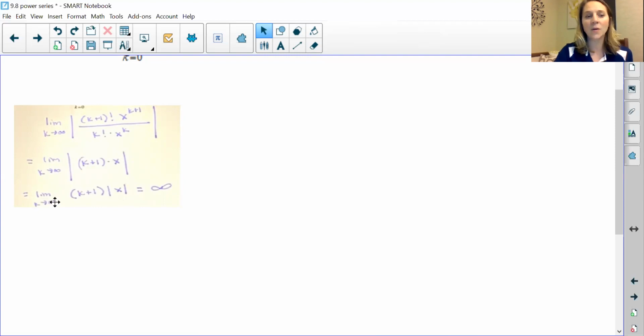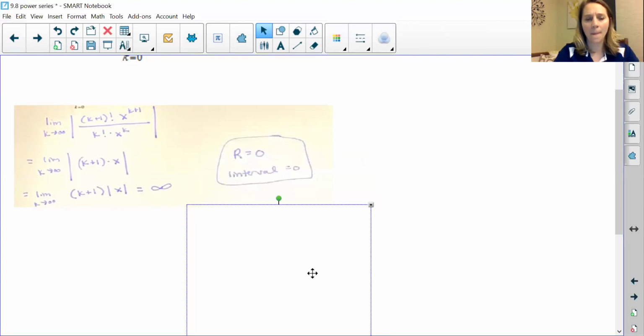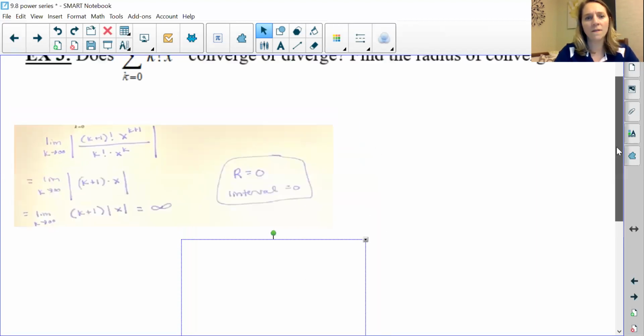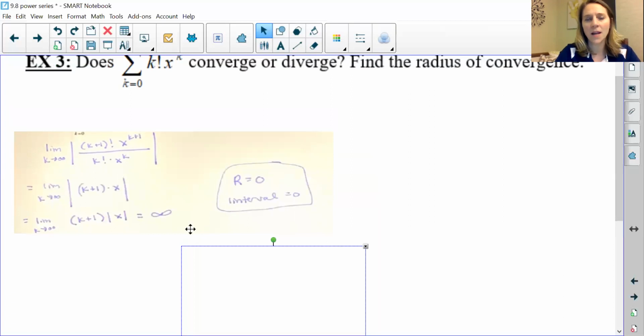And as k is approaching infinity, what's going to happen? We're going to get infinity times something non-zero, or hopefully non-zero, because that wouldn't work here. And so we'd get infinity. So let's remember, when will infinity be less than 1?